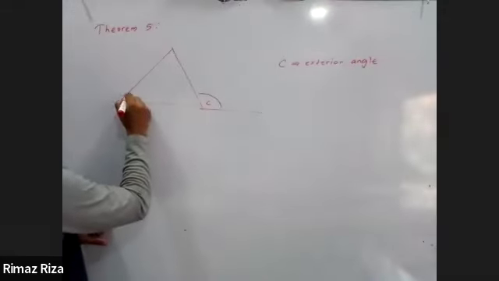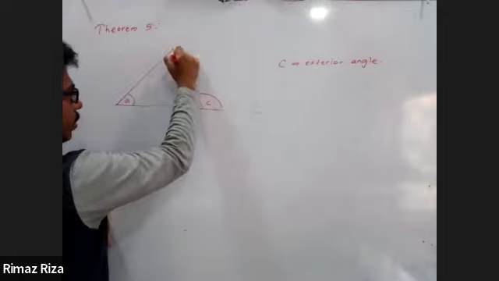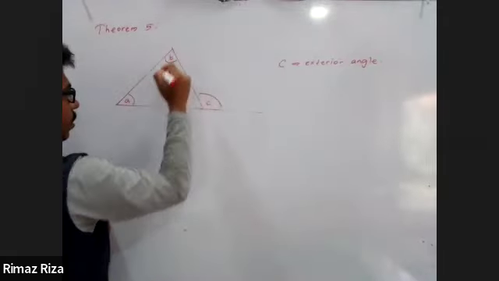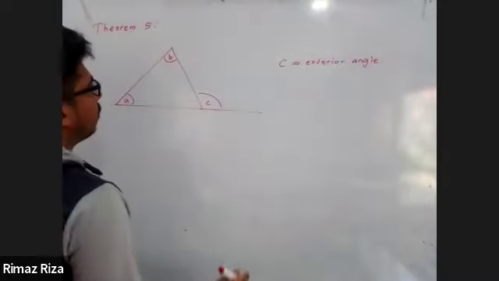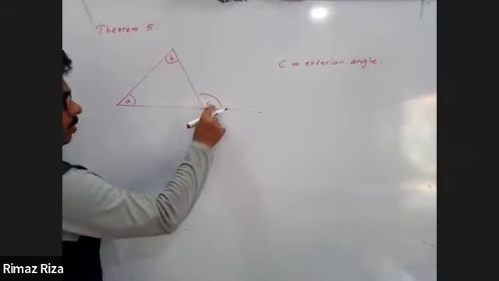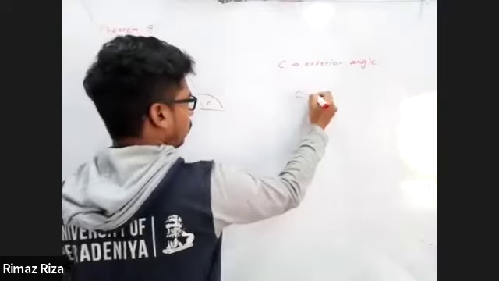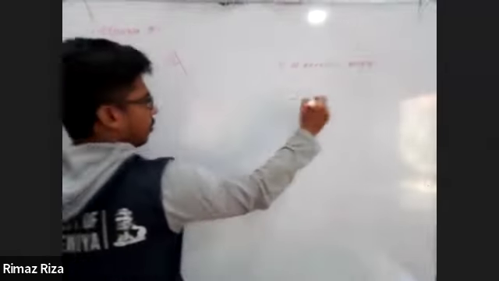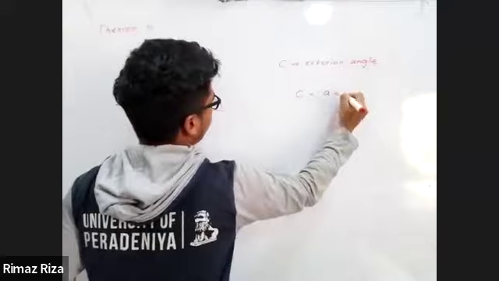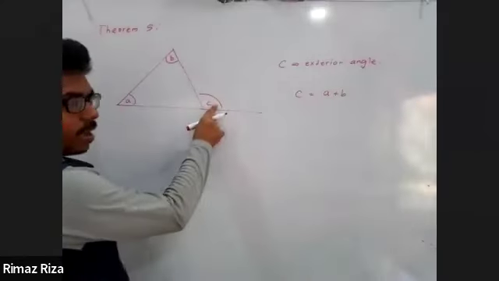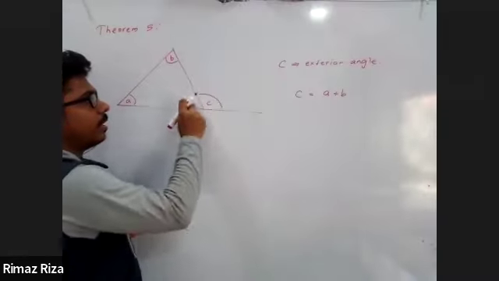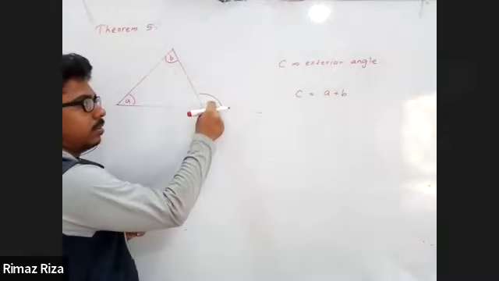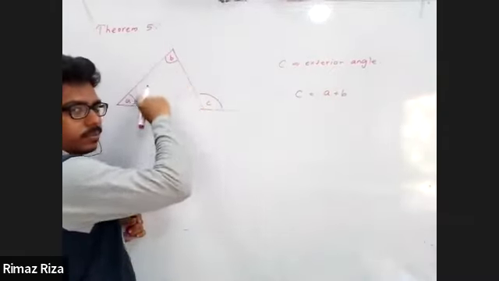And let's say this angle is A and this angle is B. So the theorem is C equals A plus B. The exterior angle of the triangle is equal to the sum of the interior opposite angles. These are the interior opposite angles.